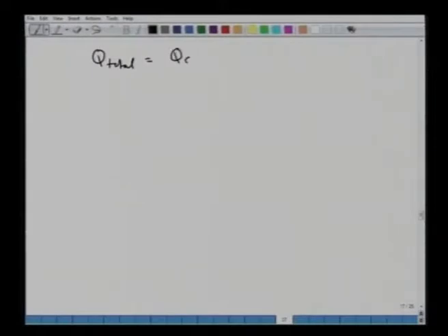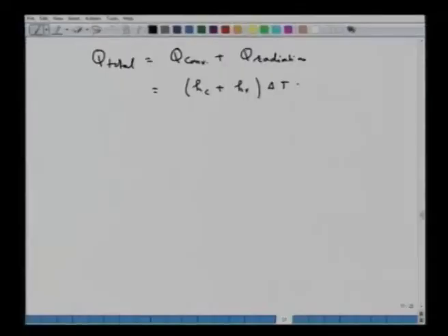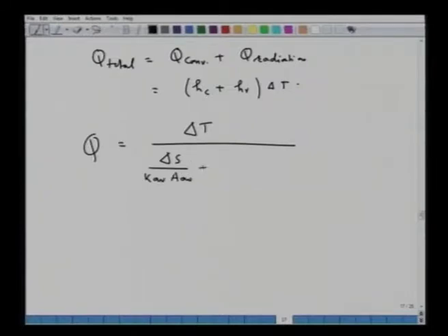So, when heat transfer involves both convection and radiation, then Q total will be equal to Q convection plus Q radiation, or that will be equal to (Hc plus Hr) into delta T. So, if the heat flow path involves the circuit of conduction to the surface and convection and radiation from the surface to the surrounding with the overall temperature difference delta T, then one can write down Q equal to delta T upon [delta S upon K average into A average, this is the thermal resistance offered by the conduction, plus 1 upon (Hc plus Hr) into A, this is the combined resistance offered by convection and radiation].